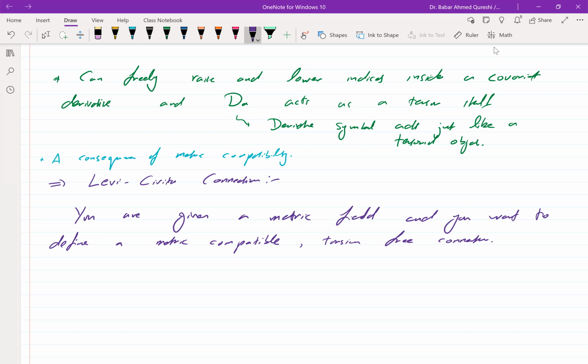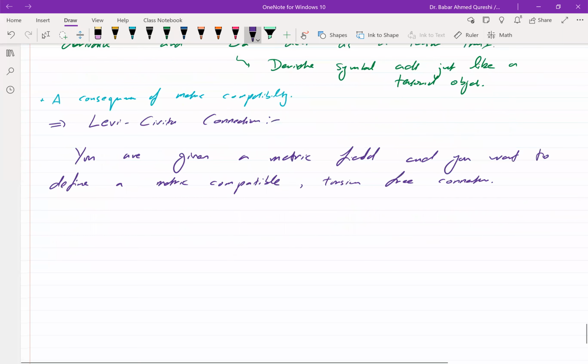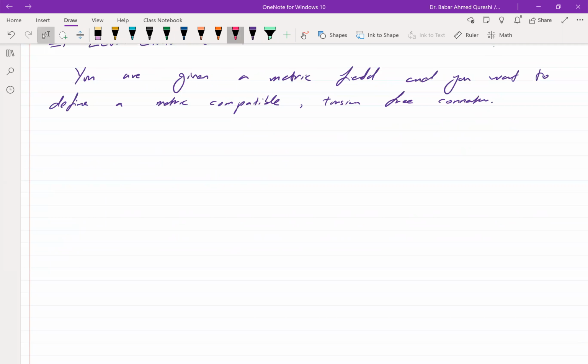If this exists, this would be called the Levi-Civita connection. And we don't know, there may be many of these. So do they exist? And how many?